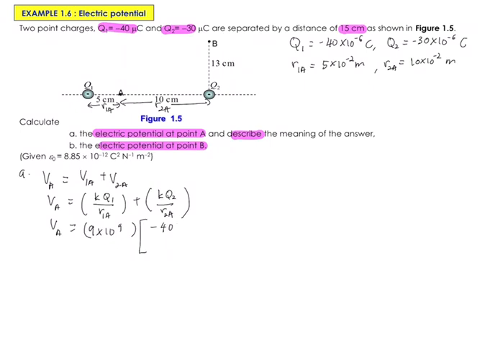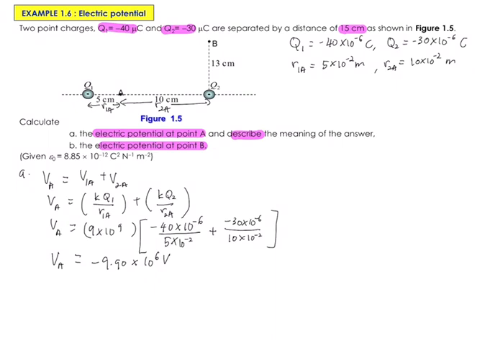Please take the negative sign, because V is a scalar quantity, times 10 power of negative 6 over 5 times 10 power of negative 2, and then plus negative 30 times 10 power of negative 6 over 10 times 10 power of negative 2. And what do you have for your VA? You have negative 9.90 times 10 power of 6 volt.